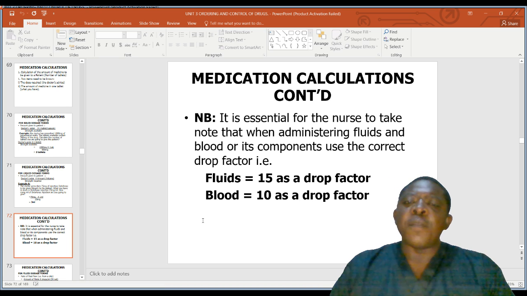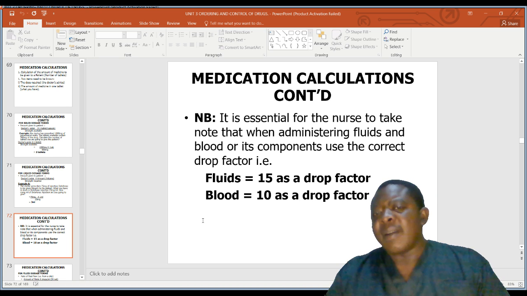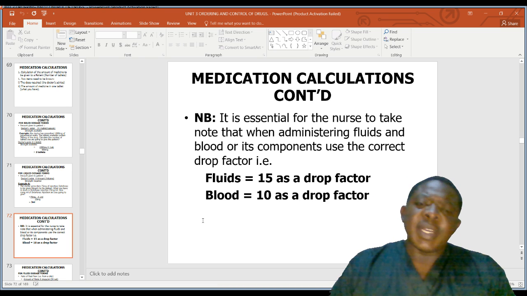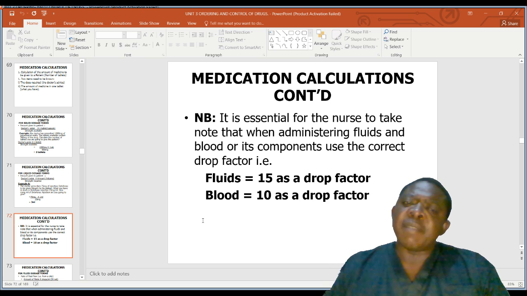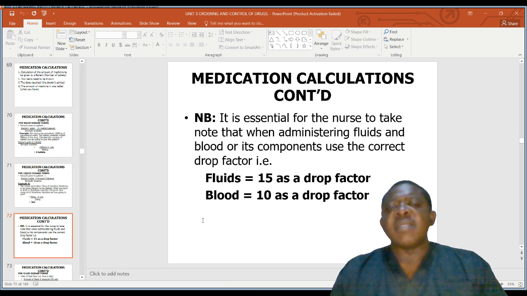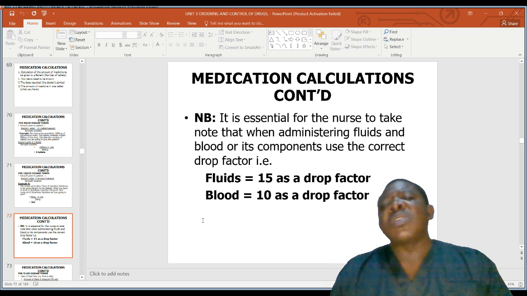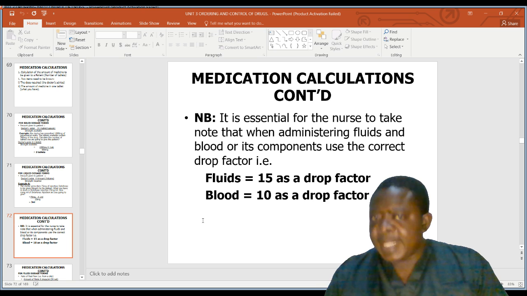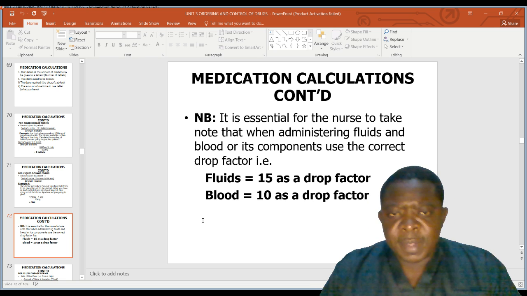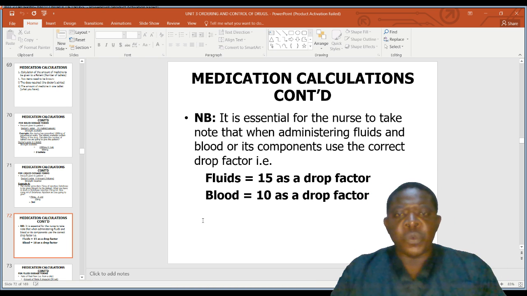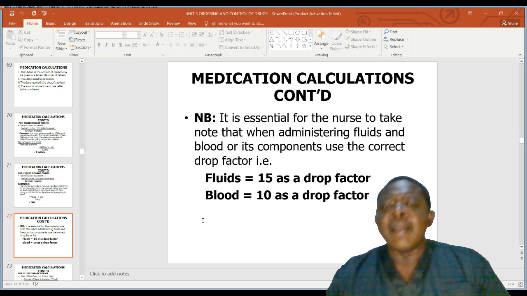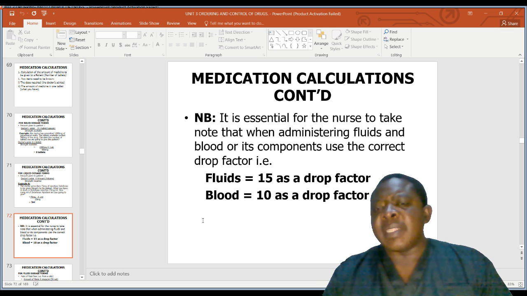Then for blood, the drop factor can be 10. Okay, so otherwise, I would say the drop factor for blood mostly is 15, but otherwise you have to check on the giving set. And then for fluid, mostly the drop factor is 20. Okay, but otherwise, for the purpose of this lesson, I put fluid at 15 as a drop factor, and blood may have 10 as a drop factor.